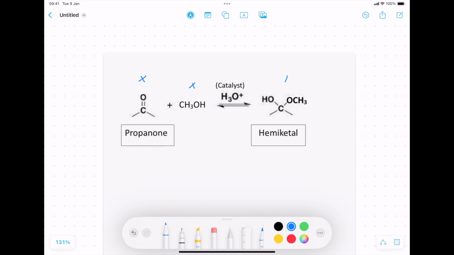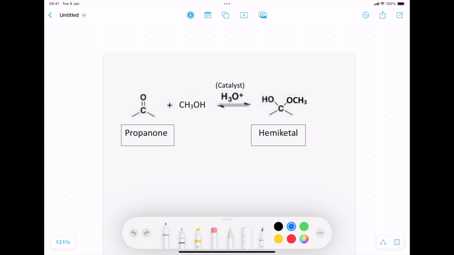So in electrophilic addition, you have the double bond adding something to create a saturated species, and then a similar thing here with the carbonyl bond, C double bond O. So the reaction here is catalyzed by acid, and that means the catalyst participates in the reaction but is not consumed. So we have to get that back at the end.